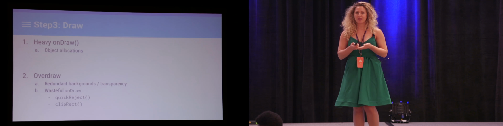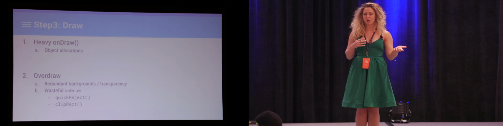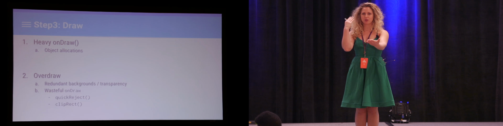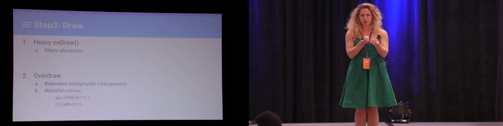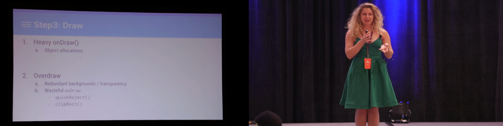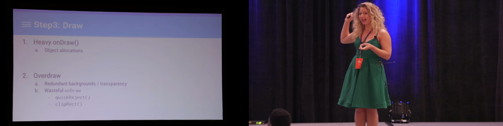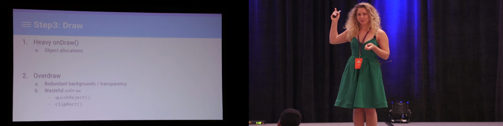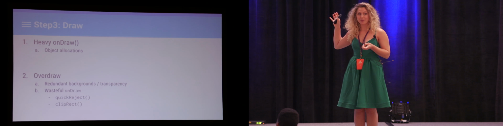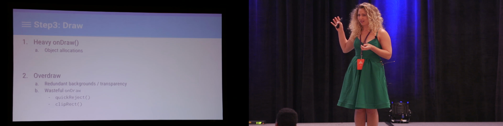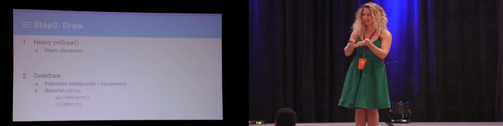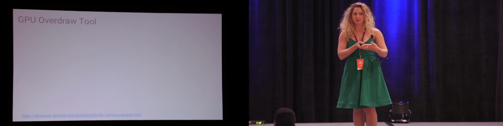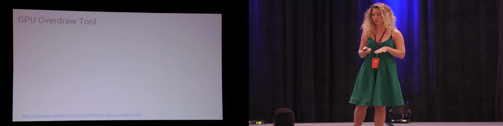The reason for that is usually the background that we define, like when we have a view on top of a view and we define a background for both of them. Many times it happens because we forget that we can define a background on the theme. And then if we define another background in the XML, it's like one on top of the other. So these are the things you want to notice.